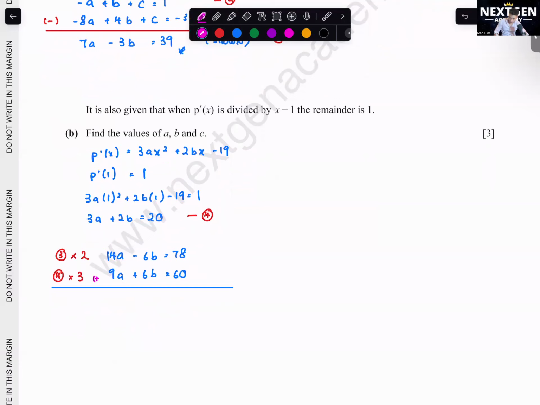Both of them add up together. This one will be equal to 14 plus 9, which is 23a equals 138. A is 138 divided by 23. We should get a equals 6.